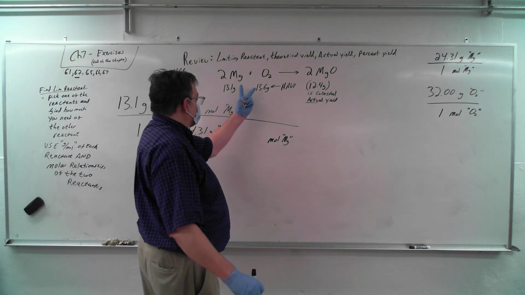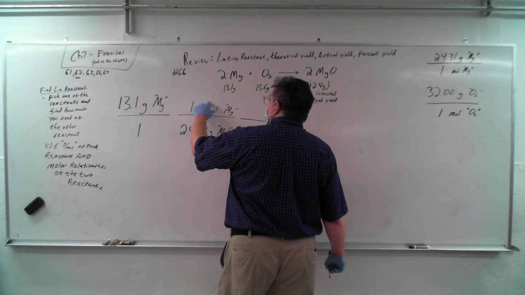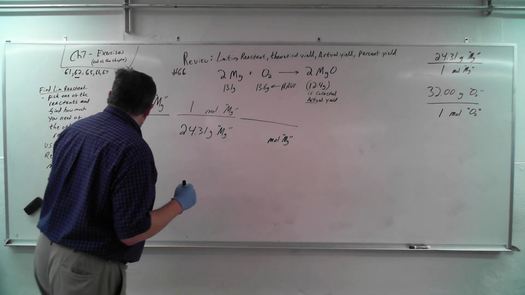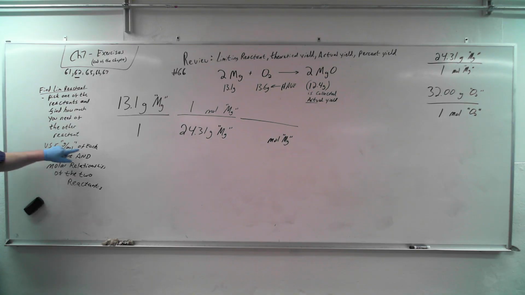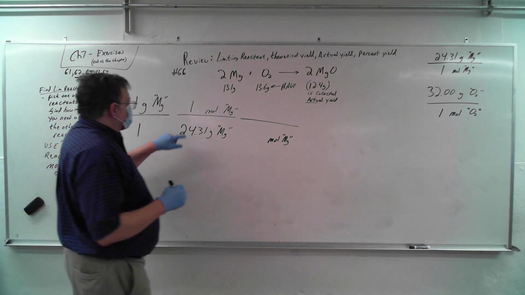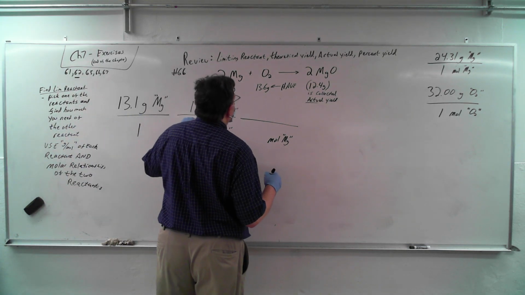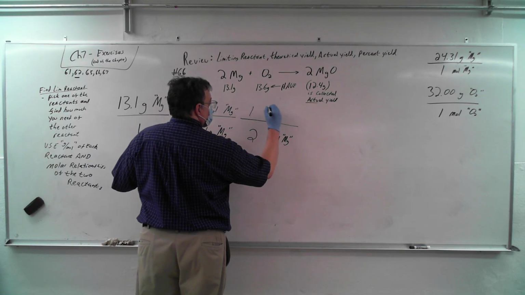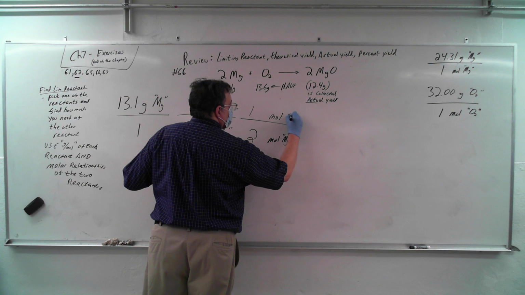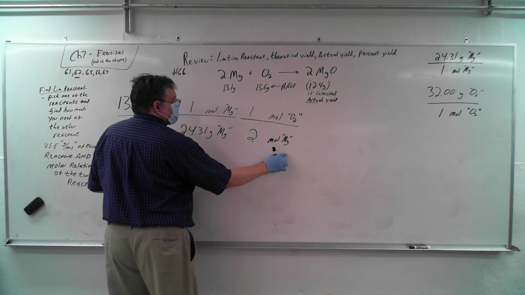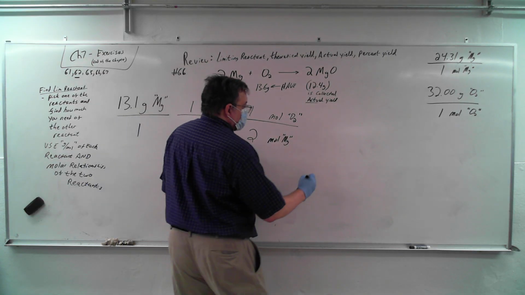Molar relationship of the two reactants is where I am. This is the grams per mole of one of the reactants. I'm going to need the grams per mole of the other reactant before I'm done. So you need the grams per mole of each reactant and the molar relationship between the two reactants. That's what I'm using in this calculation. This is grams per mole for Mg. It's 2 moles of Mg to 1 mole of O2. It's this 2 and this 1. 2 moles of Mg, 1 mole of O2.